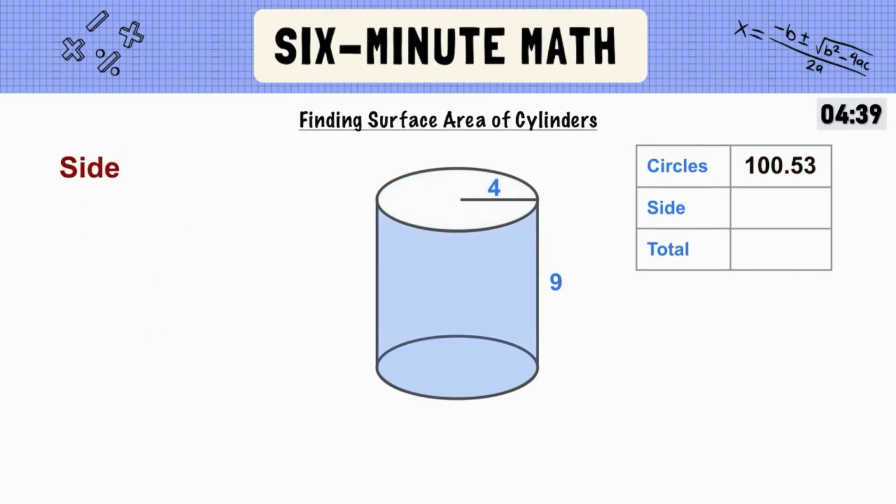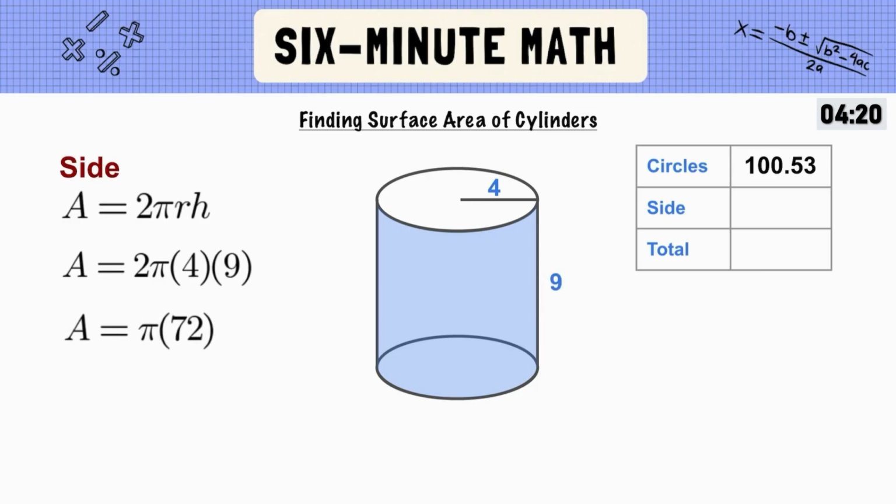Next, we need to find the lateral side of this cylinder, which is found with a formula of 2 times pi times radius times height. So I plug those numbers in. Our radius is 4, our height is 9. This would give us pi times 72, and that equals 225.194. So I add that to my chart.